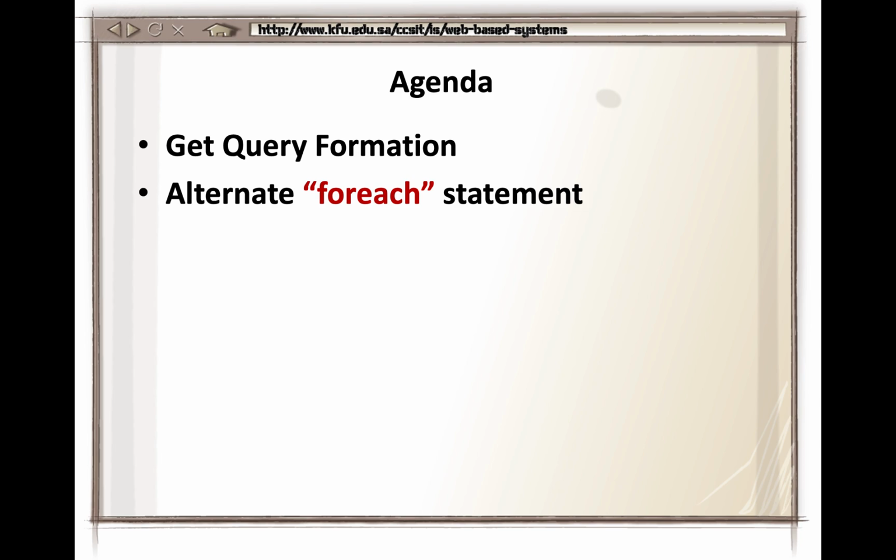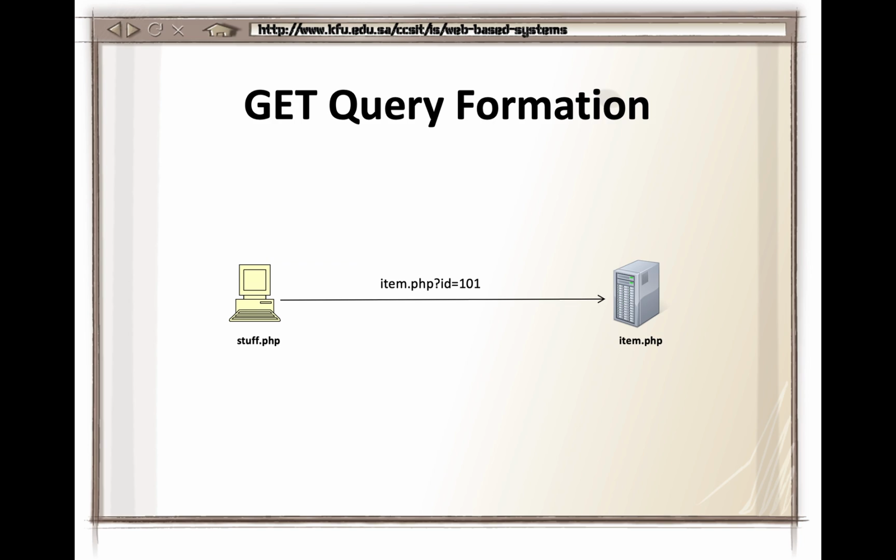We can send data through message headers as well, but one thing that we need today is to use GET queries and send the data to another page. We have the stuff.php page where we have a list of items.